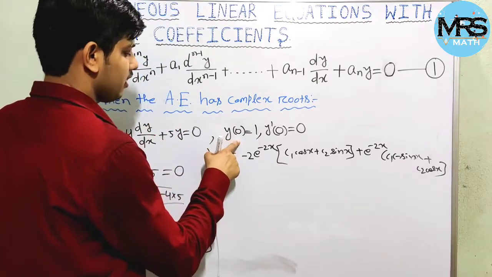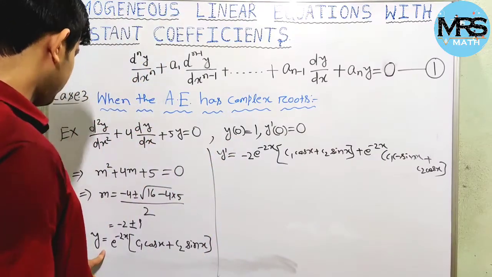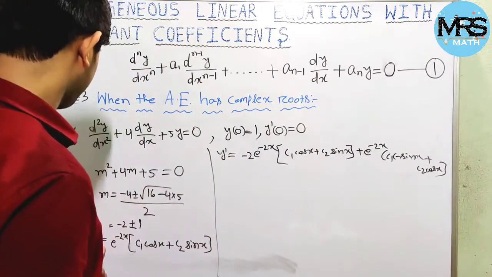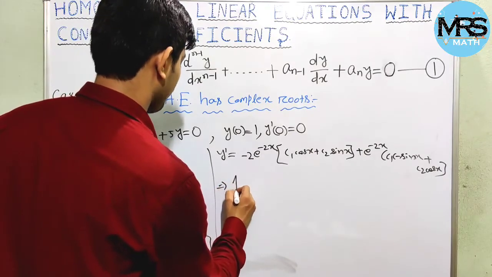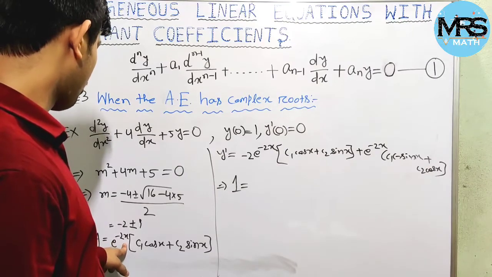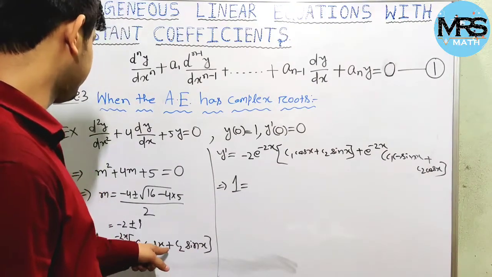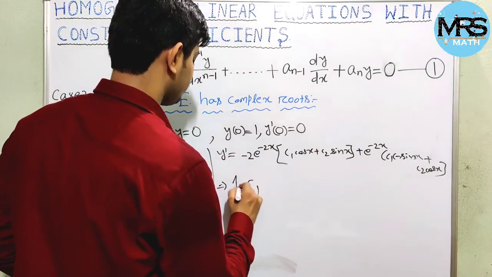If you utilize the first condition, that is y of 0 is equal to 1, then what we will get? 1 is equal to e to the power 0 is 1, c1 into cos 0 is 1, c2 sin of 0 is 0, so 1 is equal to c1.